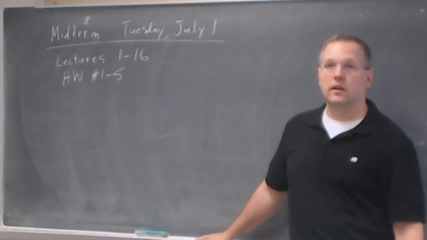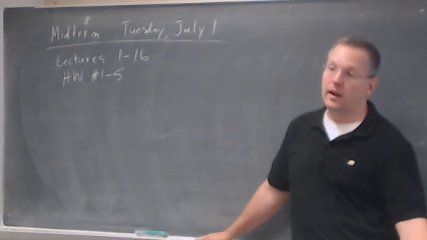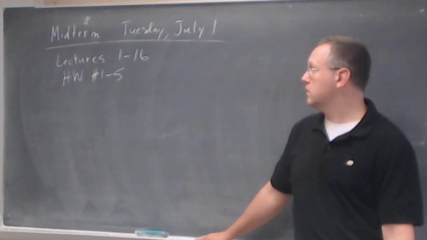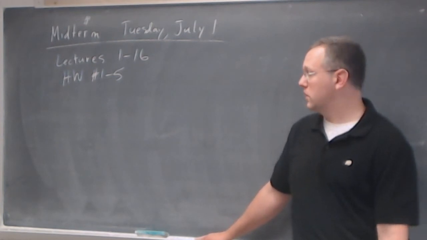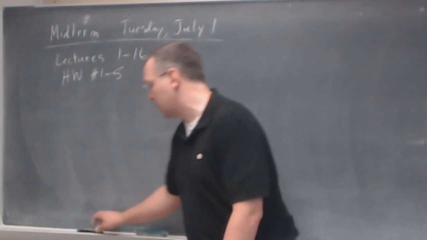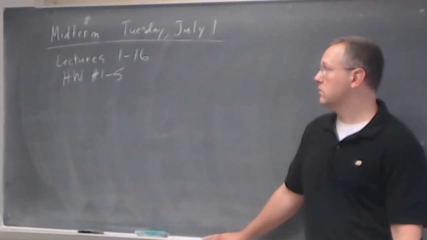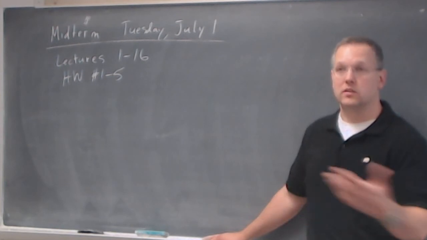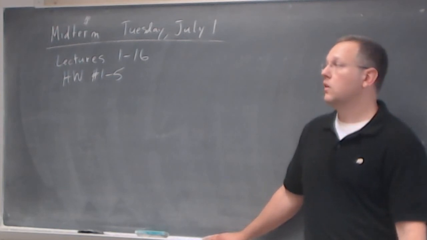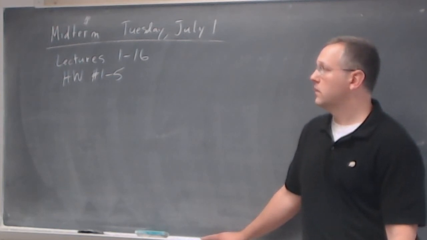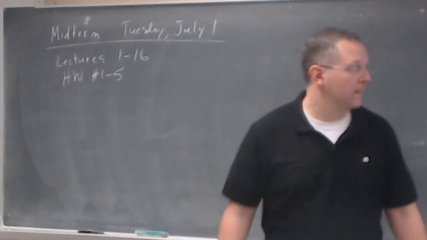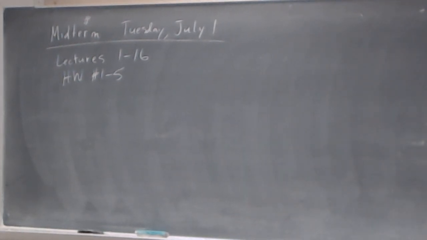I'm going to continue to write exams like I have in the past, and my students have found that I write pretty consistent exam questions to what I do in homework, so just look at your homework assignments.